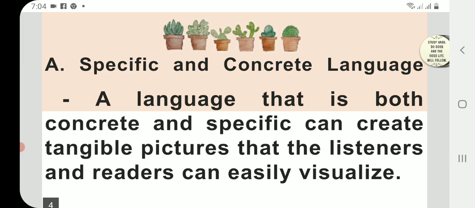So in this topic, we must use visual images or pictures so that the readers and listeners can easily interpret or understand. On the other hand, abstract language can lead to varied interpretations. So if we speak unclearly, it cannot promote the language that represents one's culture.